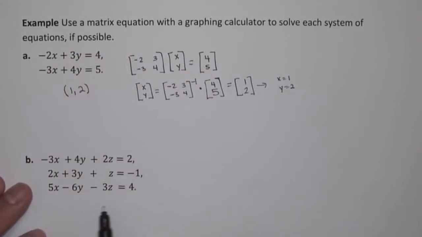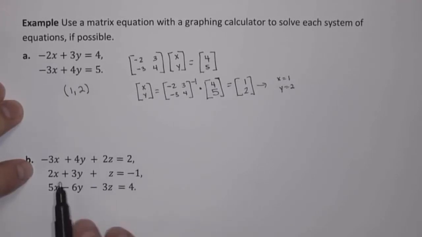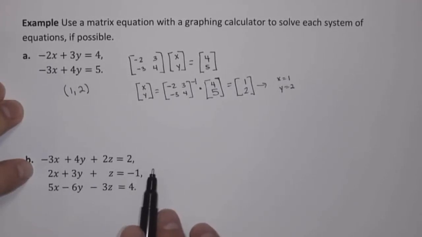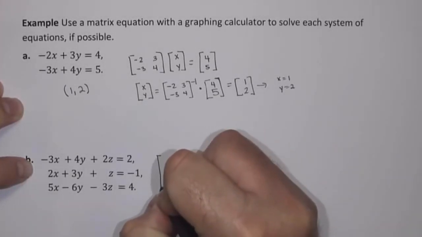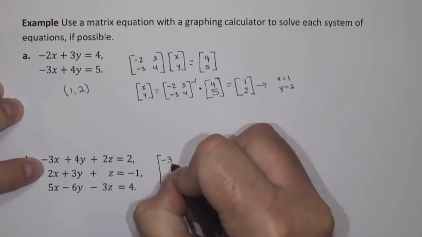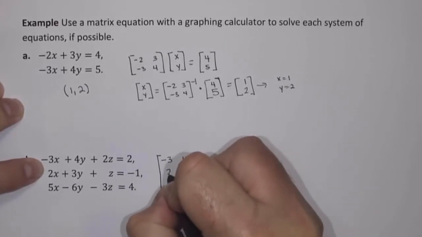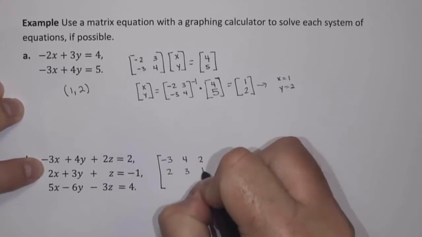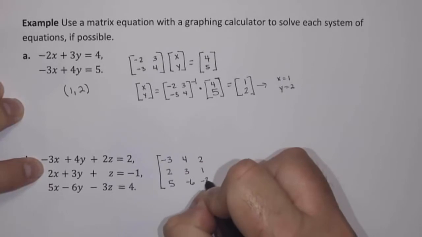Now I can do the same kind of thing for more challenging systems of equations like here in part B. In this case we have a system with 3 equations and 3 variables. So I'm going to start by writing my coefficient matrix, which in this case will be a 3 by 3 matrix. We have -3, 4, 2, 2, 3, 1, 5, -6, -3.